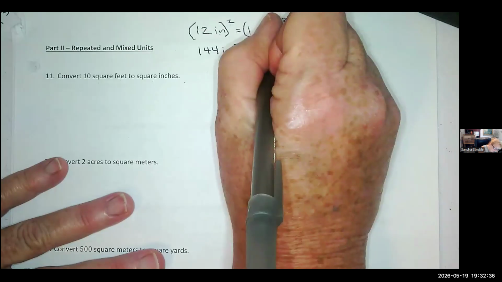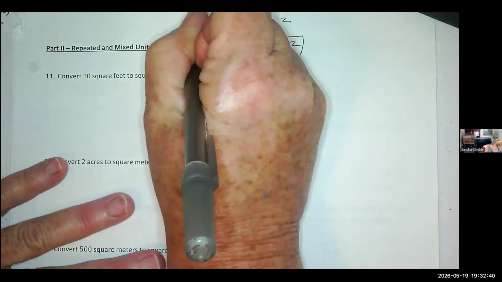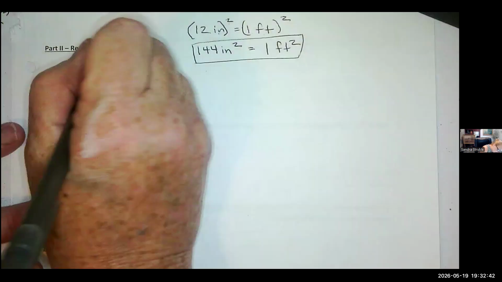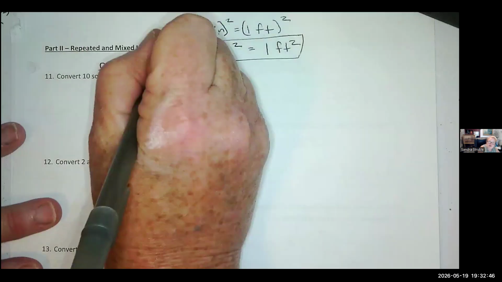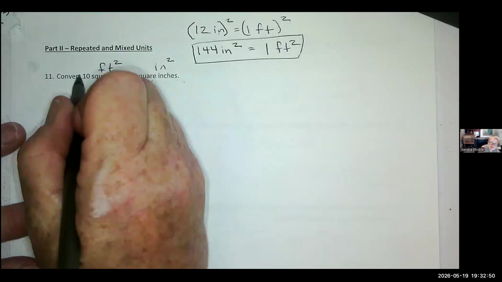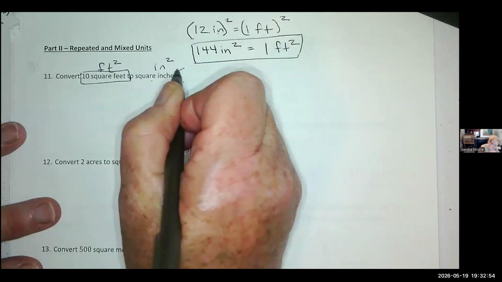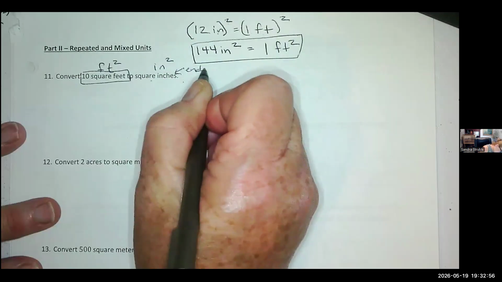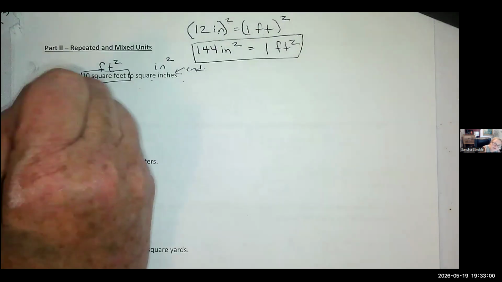This is a conversion I can use now to change my 10 square feet to inches squared. Remember, you always start with what you're given, and where we're ending is at square inches. So we're going to start with 10 feet squared, and we're going to convert to square inches.